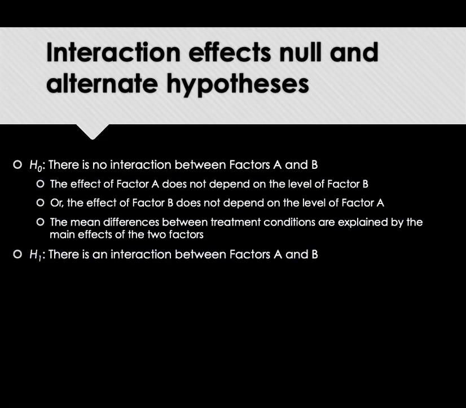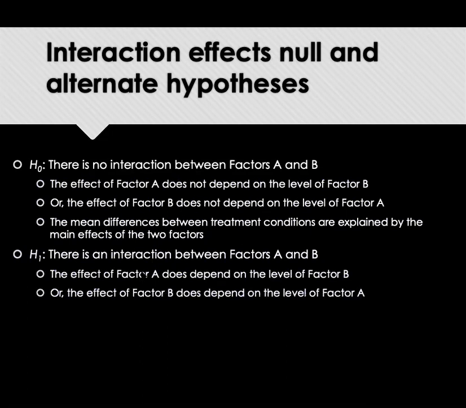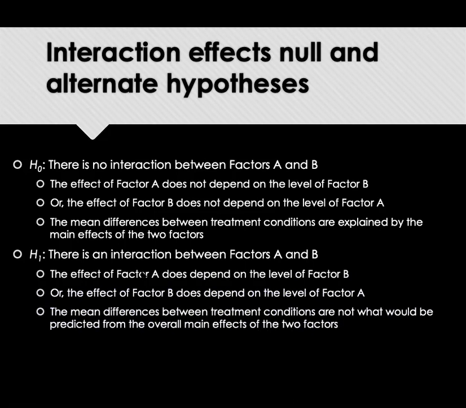The alternate hypothesis is that there is an interaction between factors A and B, that the effect of one does depend on the level of the other. You could also say the mean differences between treatment conditions are not what would be predicted from the overall main effects of the two factors. So in other words, there's differences going on that are above and beyond what you'd expect from just main effects.